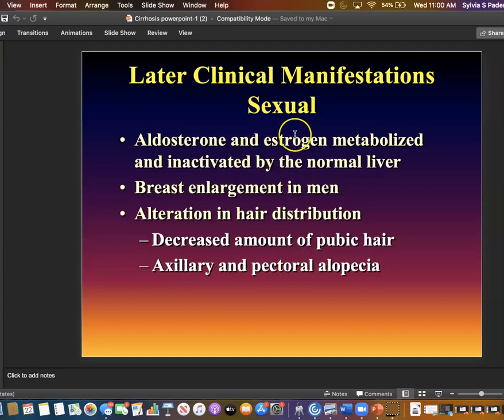And just note that with the breast enlargement noted in men, remember this slide, that's what I'm trying to say to you.